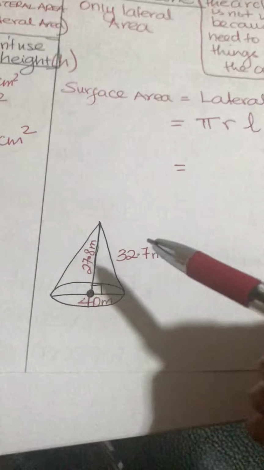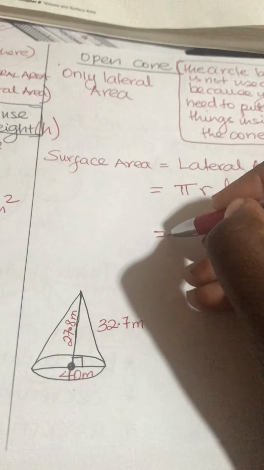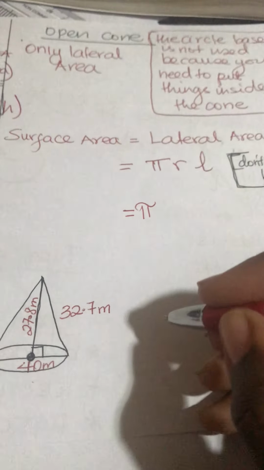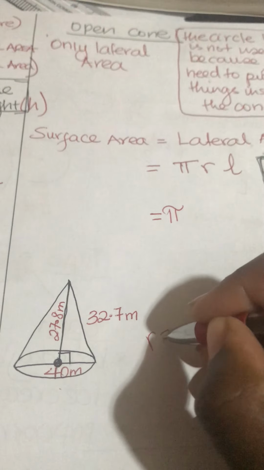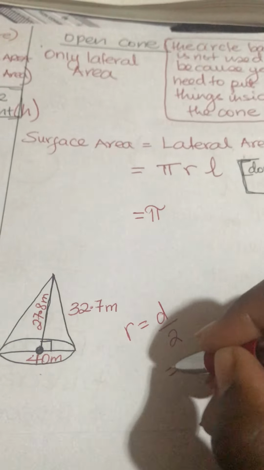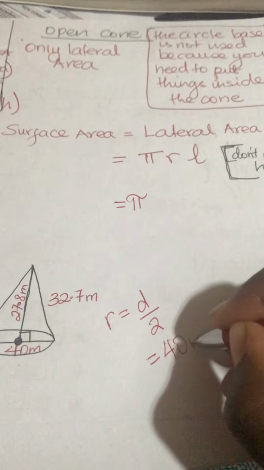Now, so we come here. Do I have the radius? I don't. So my step 1 is to find the radius. Radius equals diameter divided by 2. My diameter is 40 meters.